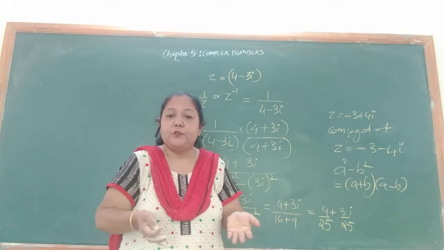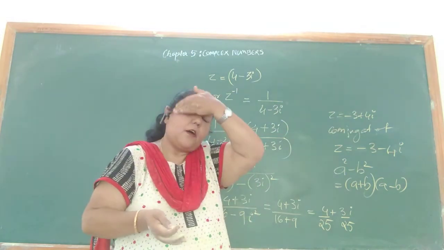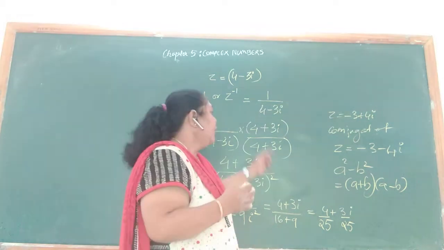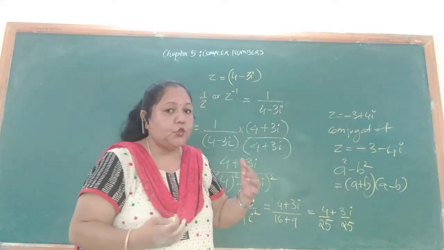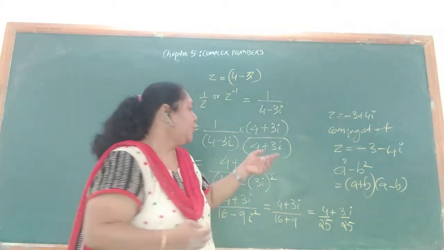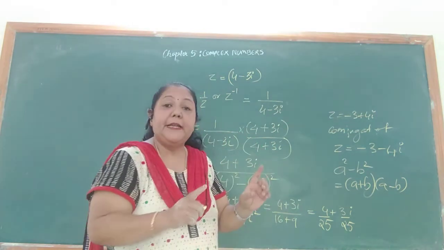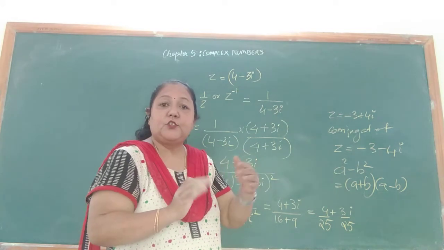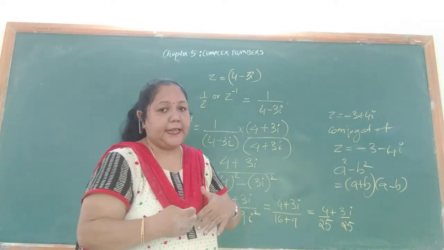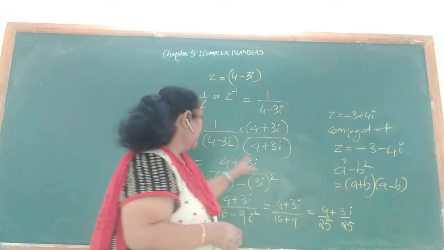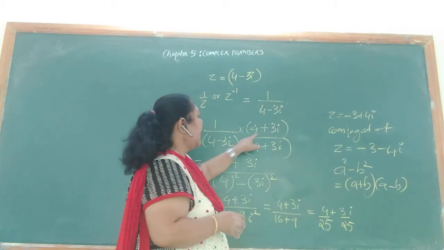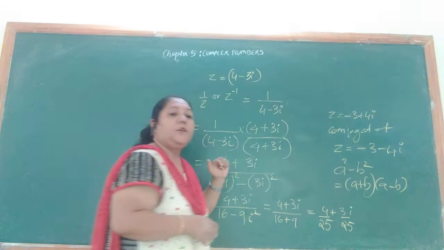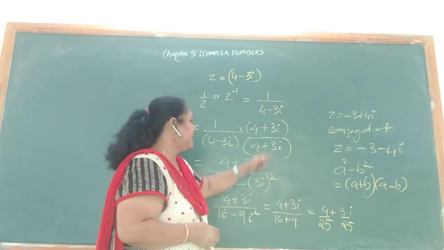So you are supposed to rationalize your denominator, and when you want to rationalize your denominator, you multiply it by its conjugate and divide by its conjugate. Conjugate means the sign of the imaginary portion: if positive you convert it to negative, if negative you make it positive. So here it was minus 3i, so you will write it as plus 3i. So you multiply and divide by 4 plus 3i.